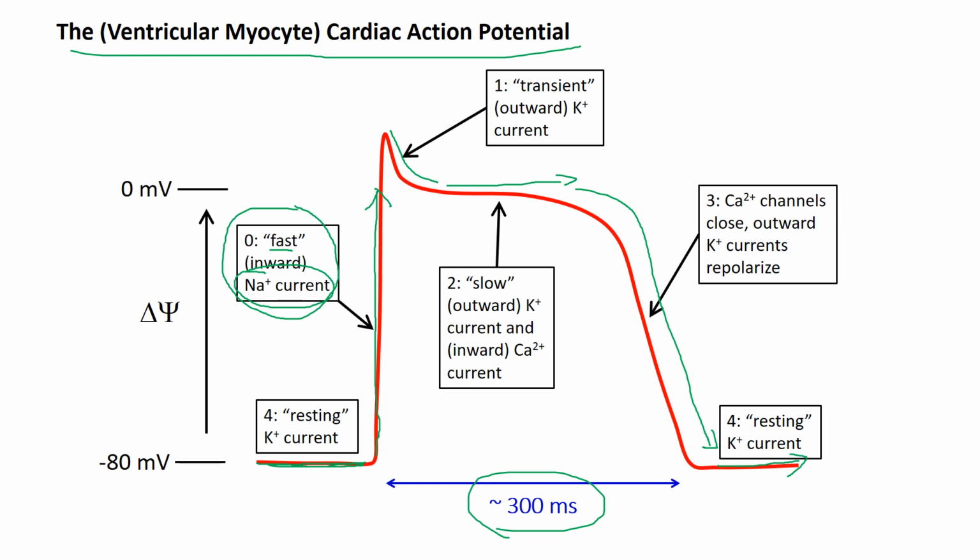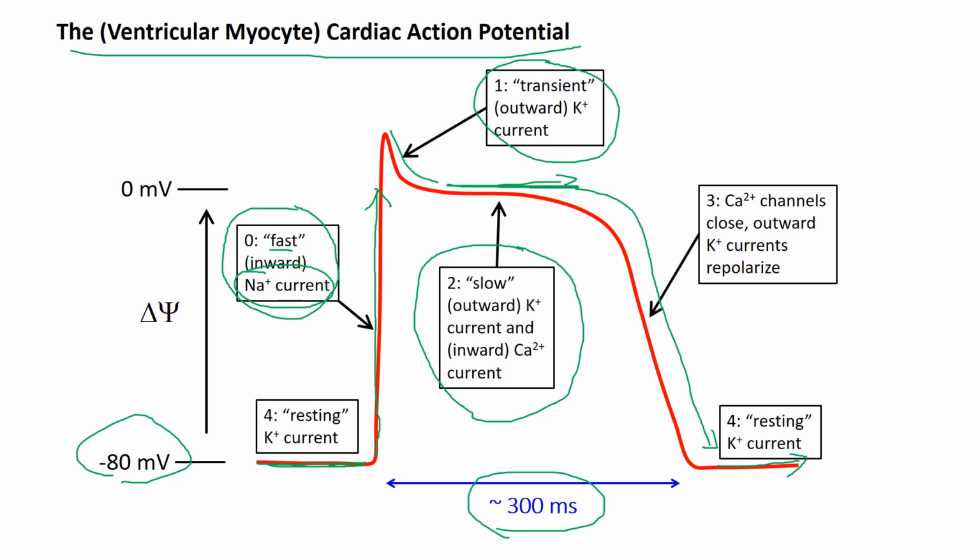All right? The next thing to happen, phase 1 here, is a transient potassium current that brings things back down a little bit. Remember, potassium wants to go out to bring the cell to its equilibrium potential, which is way down here. Okay, that transient potassium current is not enough to repolarize because it shuts off, and you get this plateau because during this phase 2, there are two things happening.